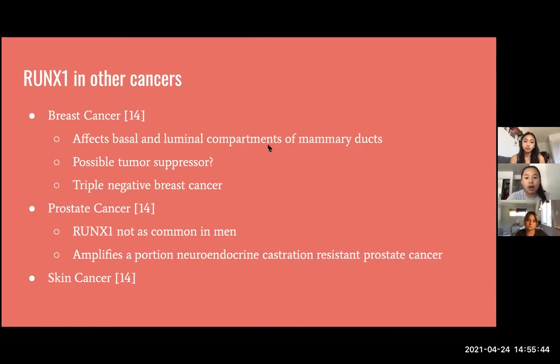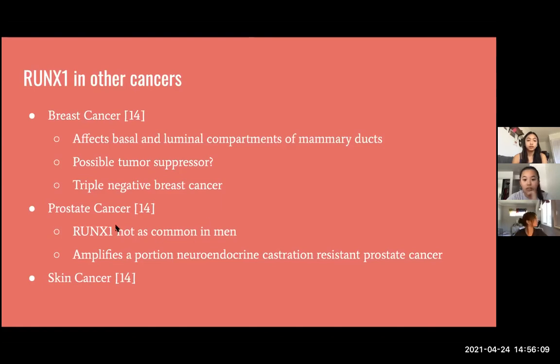There's also a hypothesis that RUNX1 is actually a tumor suppressor. So it suppresses the epithelial to mesenchymal transition process because RUNX1 isn't as prevalent in comparison to other tumors. But there's also a strong correlation between RUNX1 mRNA levels and a poor prognosis in triple negative breast cancers.